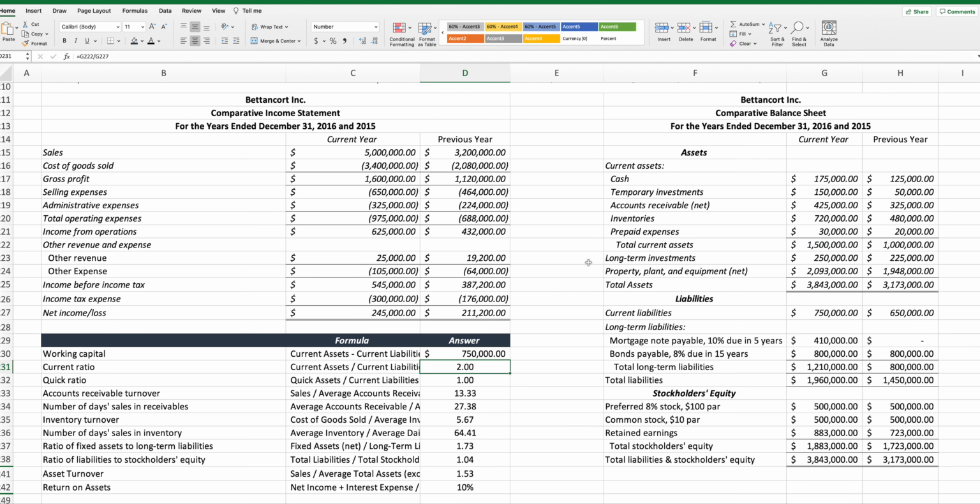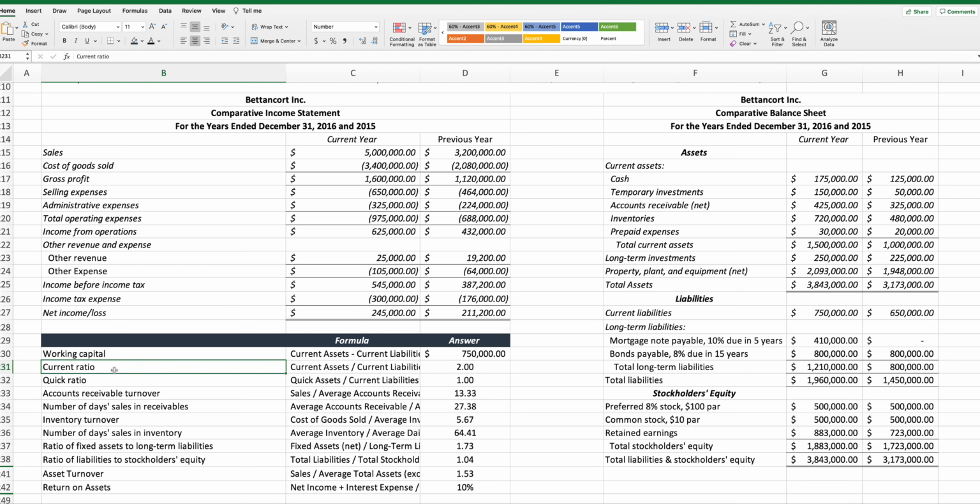And again, if I know all of my current assets and I know what my current liabilities are, then that tells me that I have enough money to pay off the working capital. That's how much money I have if I wanted to invest it in something, right?